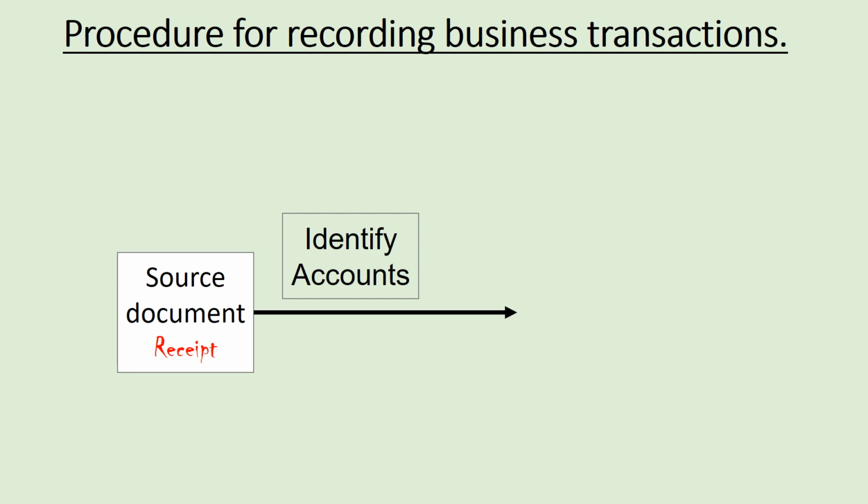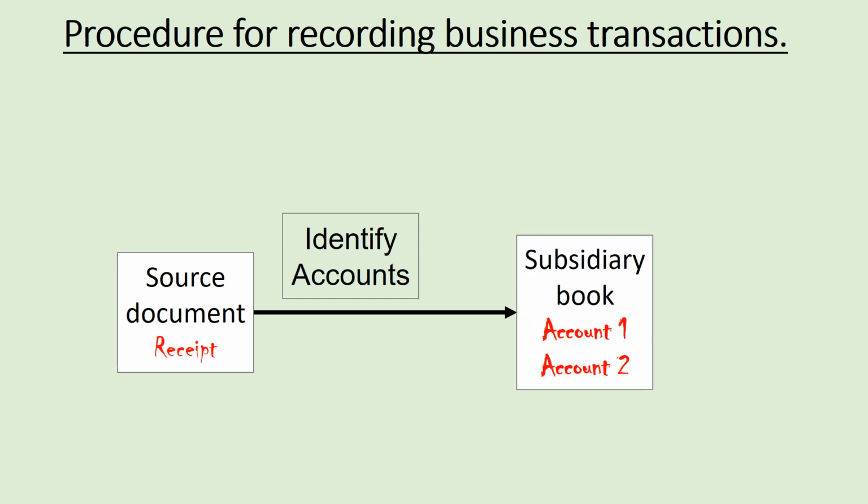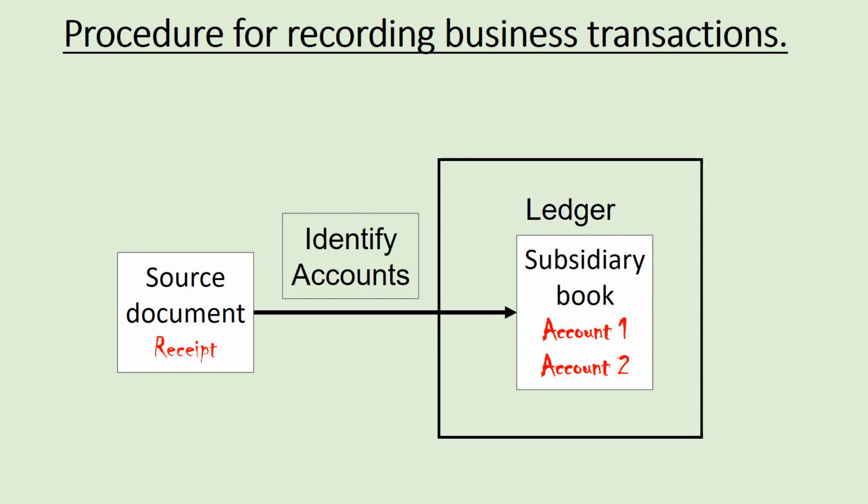the exact details and amounts are supposed to be recorded in the identified accounts in what are called subsidiary books. So these subsidiary books are part of the ledger, and they have the different types of accounts. A ledger is just a collection of accounts.